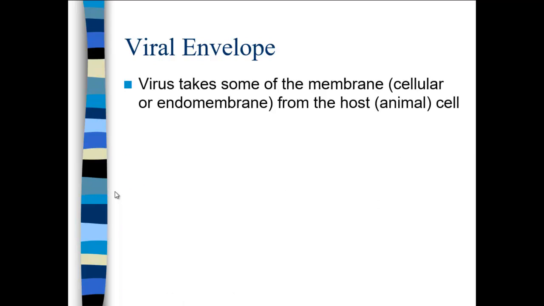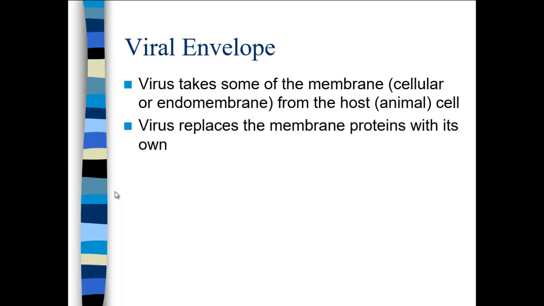In this case, the virus actually takes some of the membrane. This could be the cellular membrane, or it could be a membrane from one of the organelles from a host cell. Enveloped viruses generally infect animal cells. After the virus hijacks the host cell's membrane, it will eject the membrane proteins from the host and replace them with its own proteins.